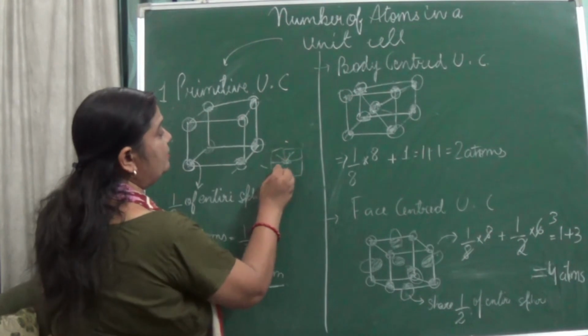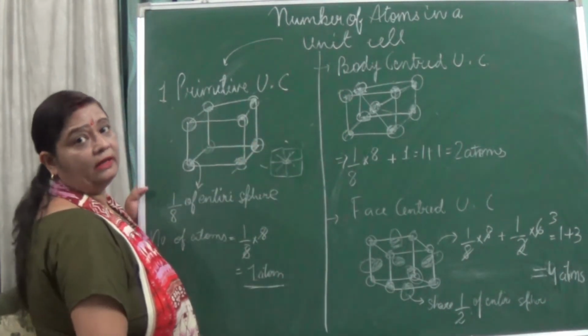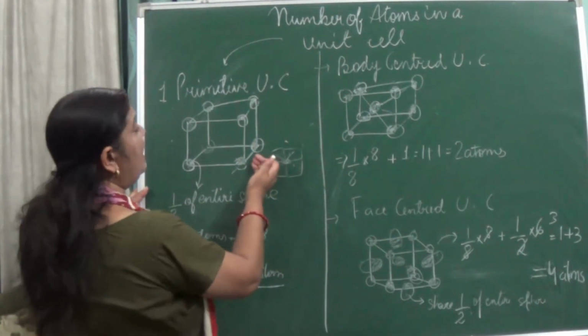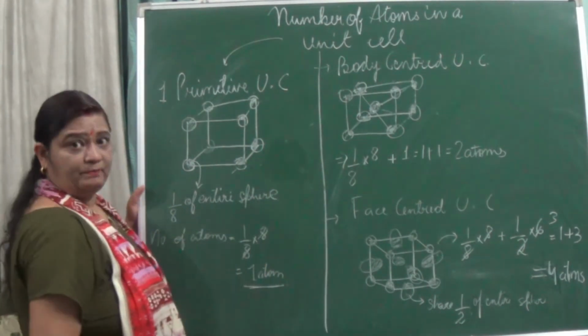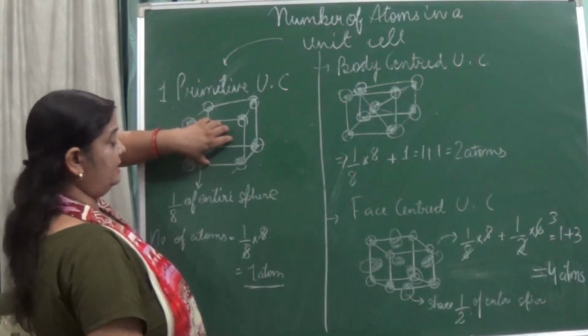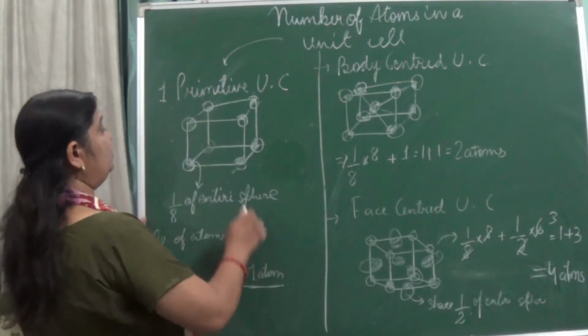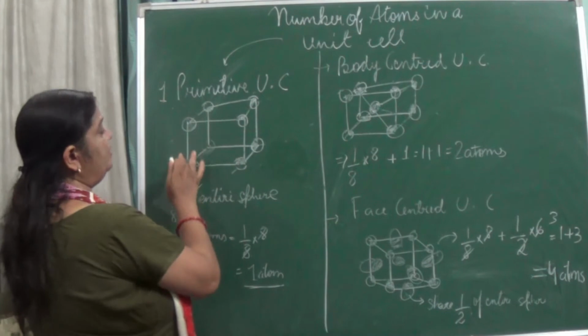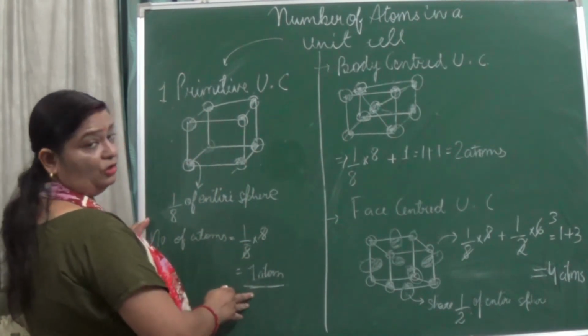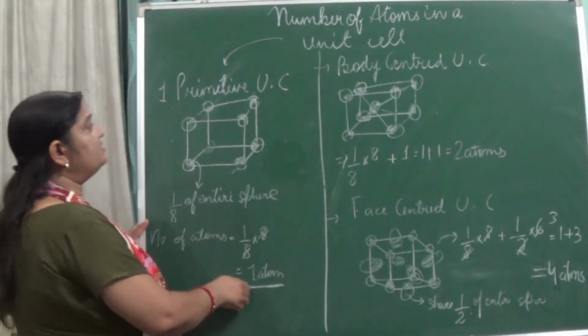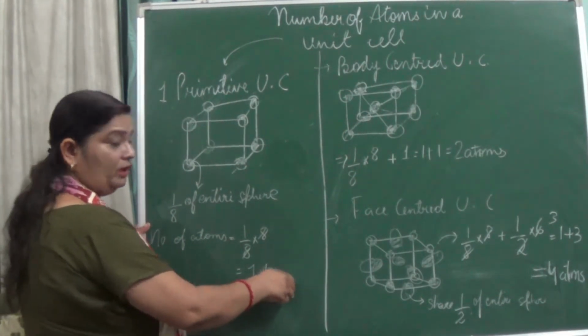You can divide it: it is joining with other unit cells, so only 1/8 portion of it is in that particular unit cell. So 1/8 into the number of atoms it consists of, you simplify it, you get only 1 atom. So a primitive cell consists of 1 atom only.